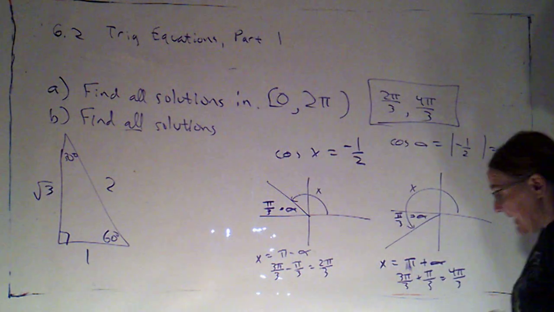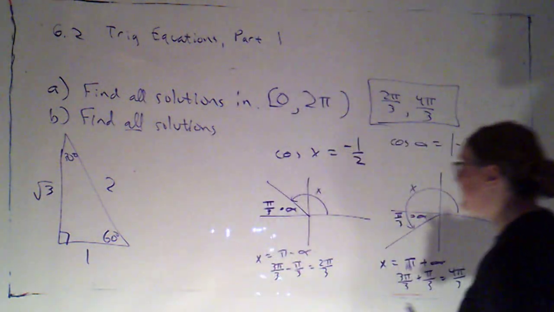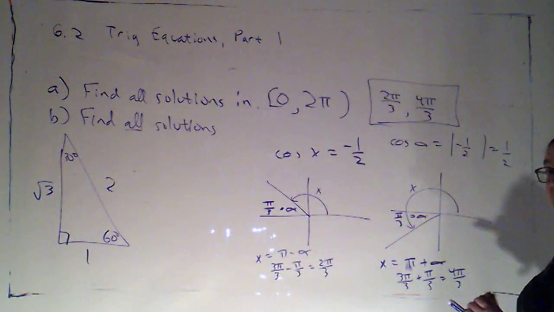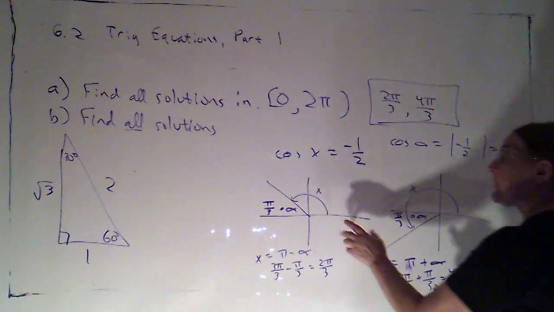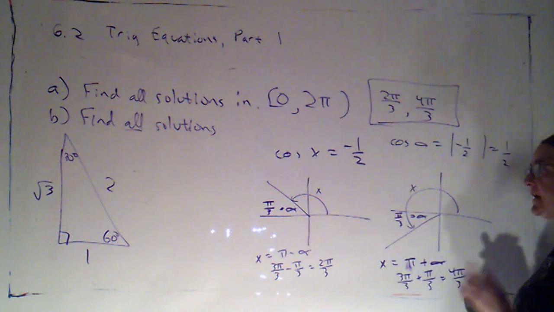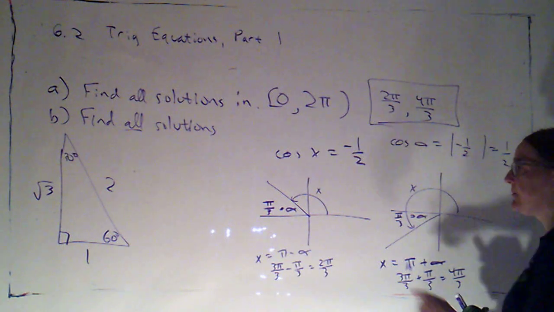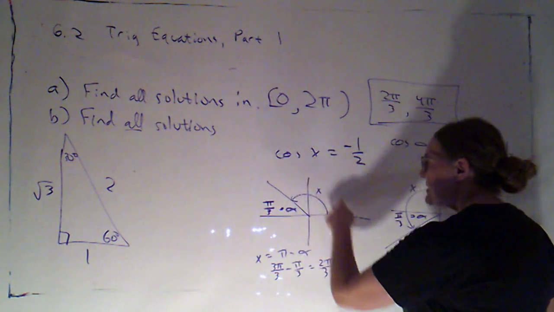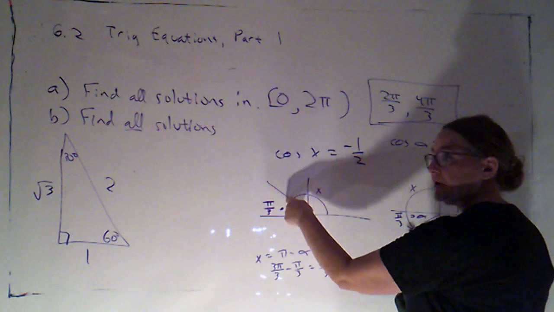Okay. Now, to get to all solutions, I basically need all angles that are coterminal with these two angles. And I'm going to get my coterminal angles, remember, by just adding some number of full revolutions.